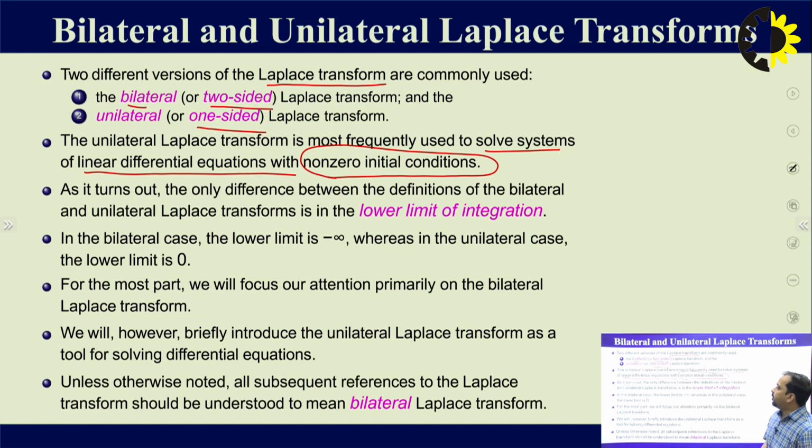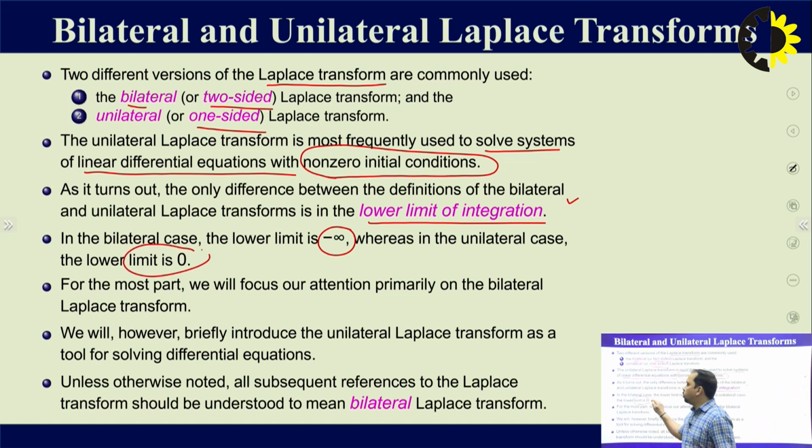The only difference between the definitions of the two transforms is in the lower limit of the integration. In the bilateral, as we have seen, the lower limit is minus infinity and the upper limit is infinity. In unilateral, the lower limit is set to 0, whereas the upper limit remains the same.